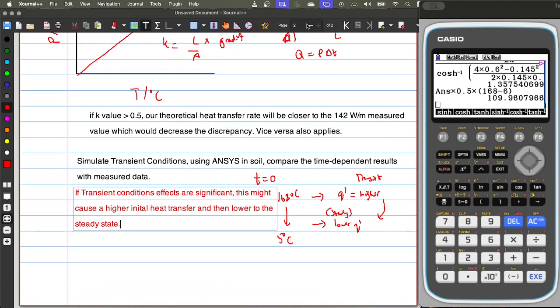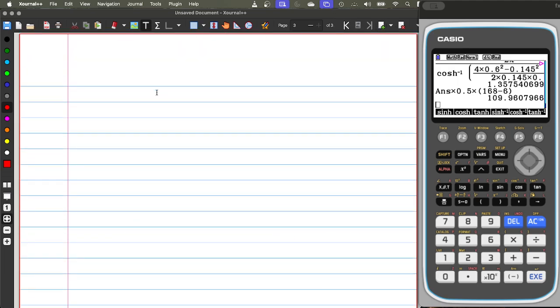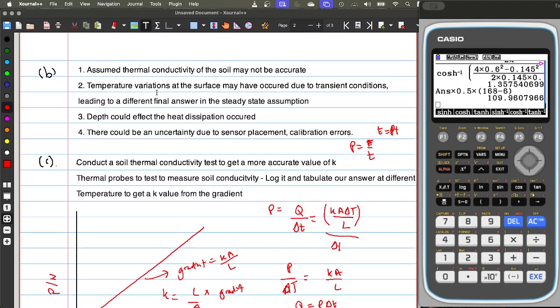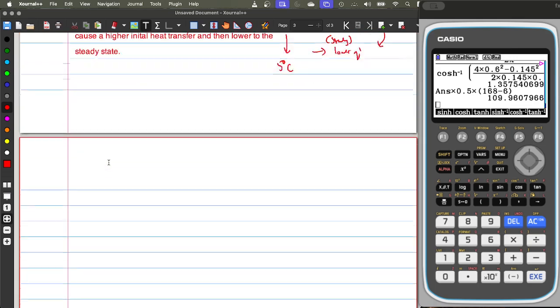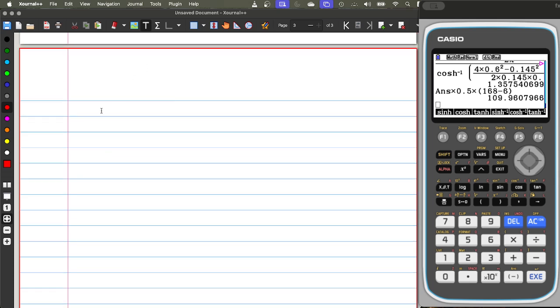I'm going to add a bit more detail into our K analysis, our soil variation, because we can say a bit more about this. For example, a study was done by the faculty in 2024.